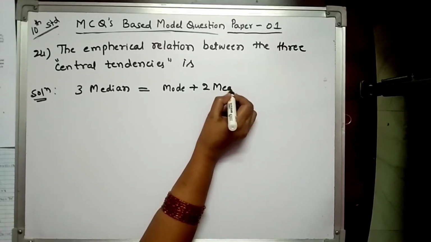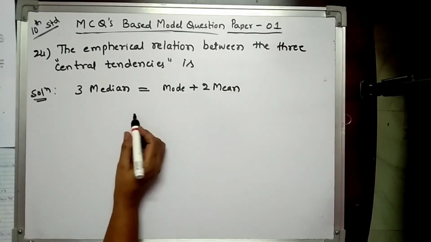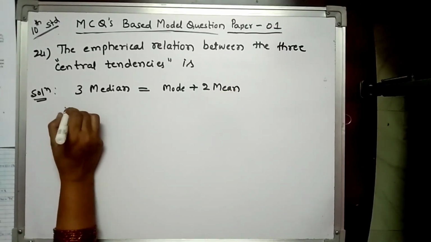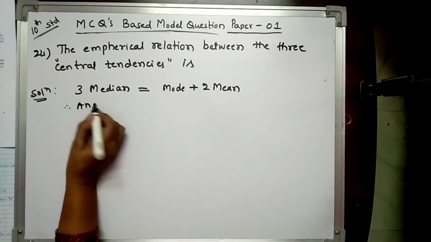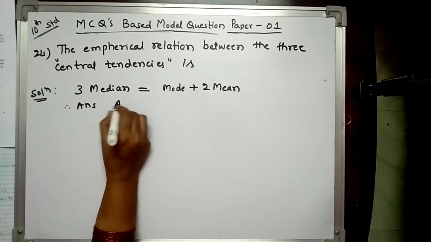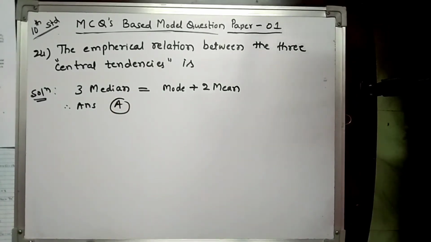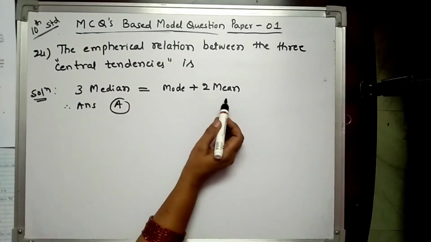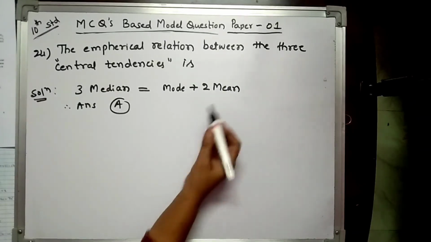It is the empirical relation. Yes, so option A. 3 median is equal to mode plus 2 mean. So option A.